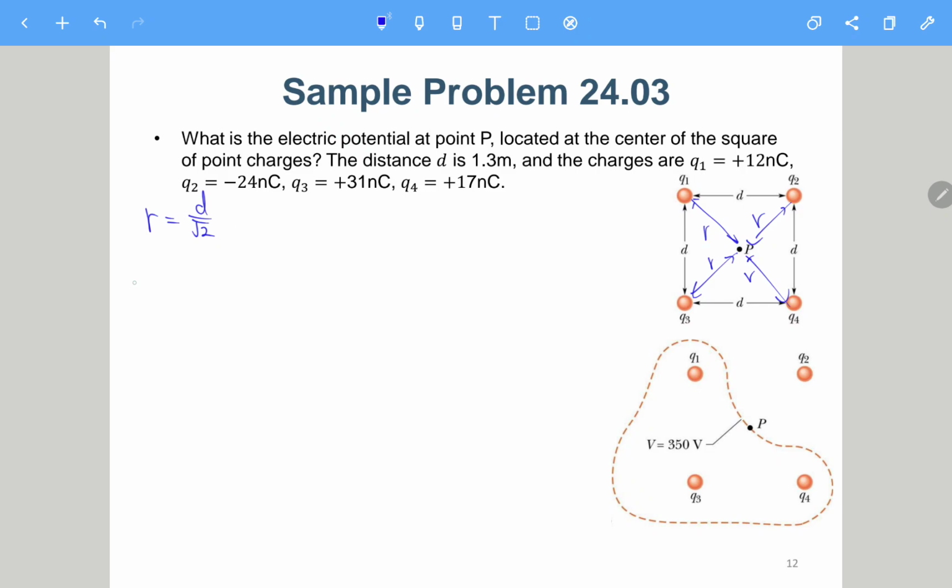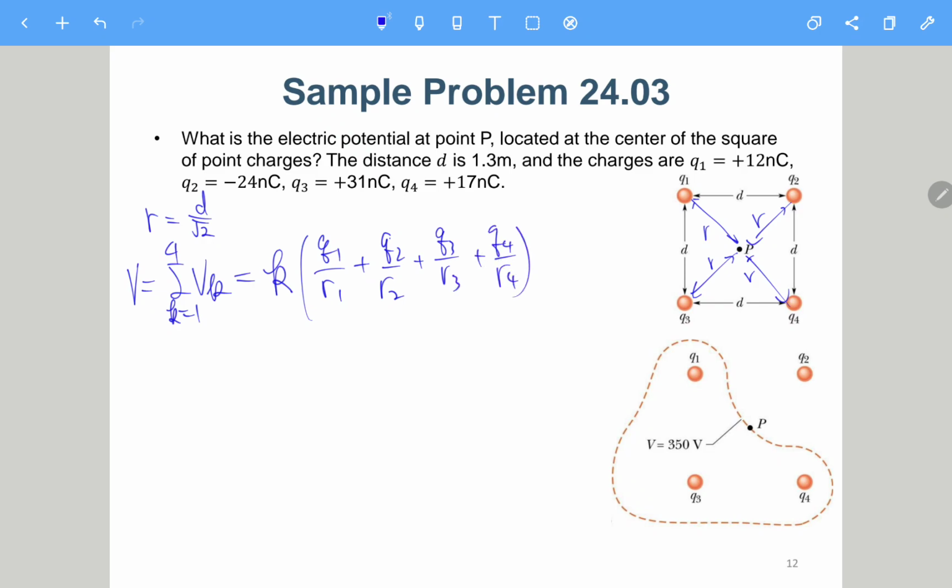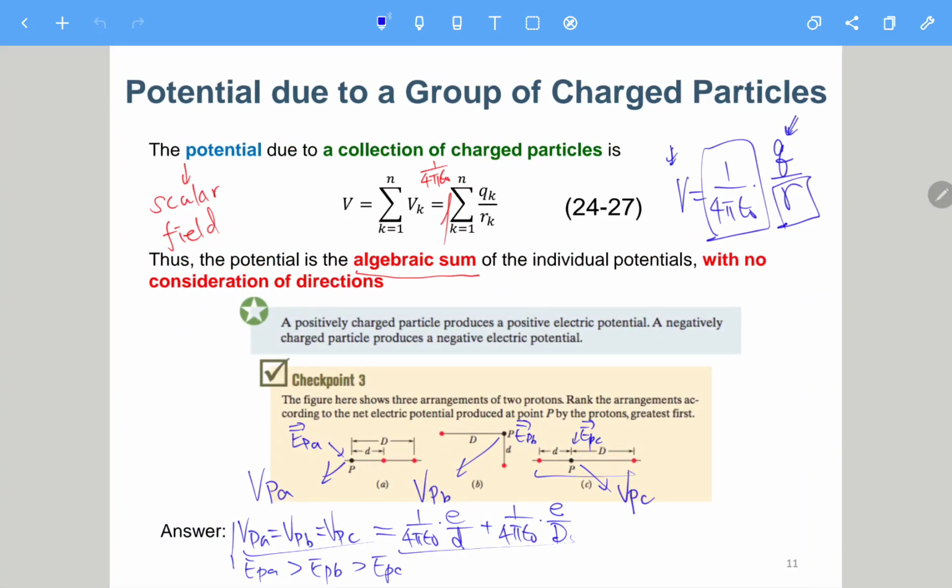So the total V will be nothing but the summation of Vk, with k from 1 to 4, which is k times q1 over r1 plus q2 over r2 plus q3 over r3 plus q4 over r4. Just using the equation here. I forgot the term k there.